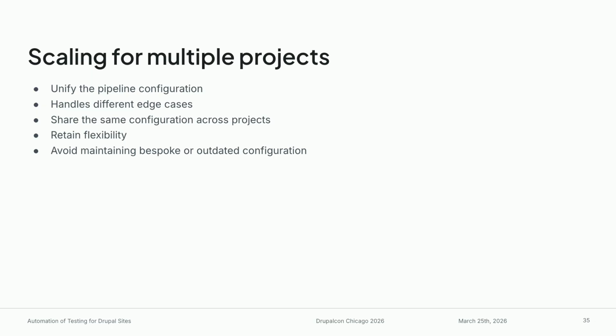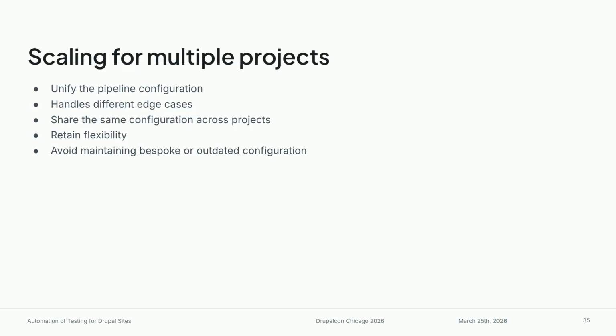That's interesting, but obviously we want to scale that as an agency, and many of you work in agencies or on multiple projects at the same time. We want to unify that configuration. The goal is to have the same on every project we manage, but we still need to handle the slight differences we have on different projects.